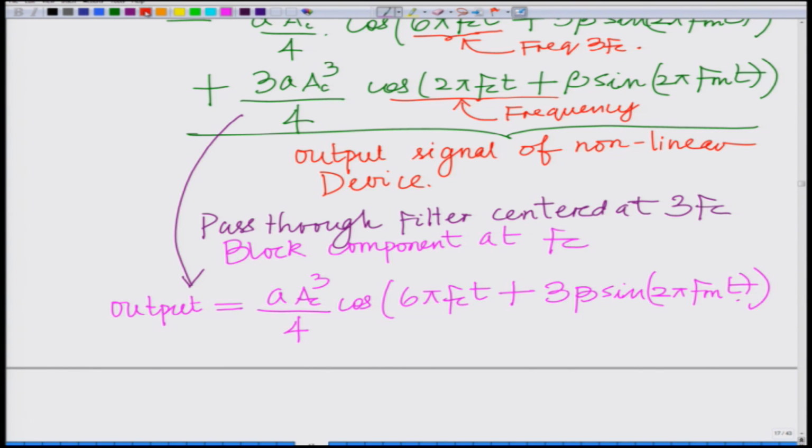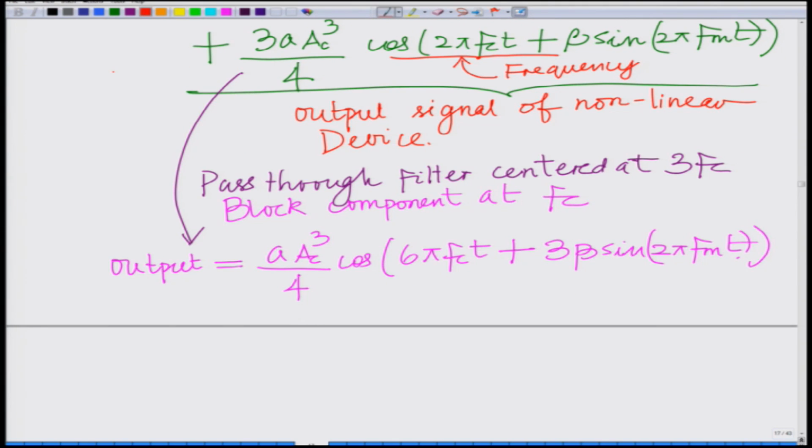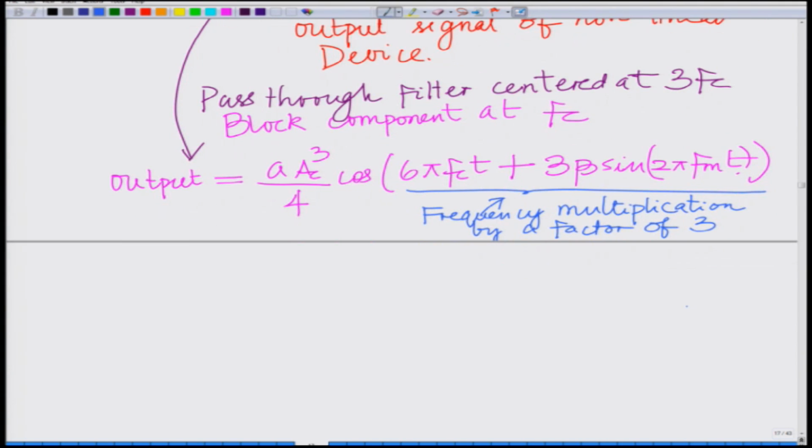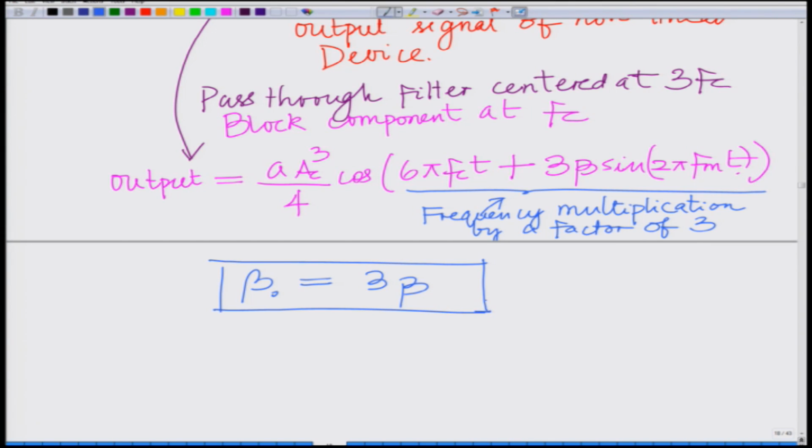So, basically now we have achieved frequency multiplication by a factor of 3. Therefore, the net output beta equals 3 times beta.